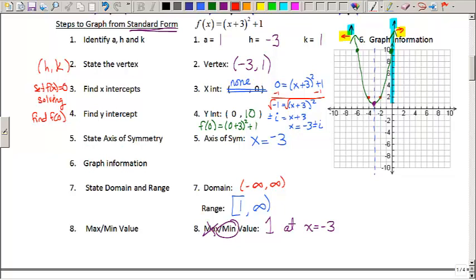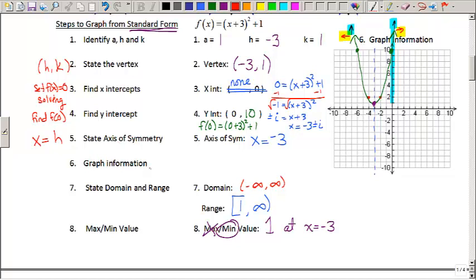The axis of symmetry is always a vertical line, so it's always going to be x equals the x-coordinate of your vertex, which is always going to be h. So your axis of symmetry will always be x equals h.